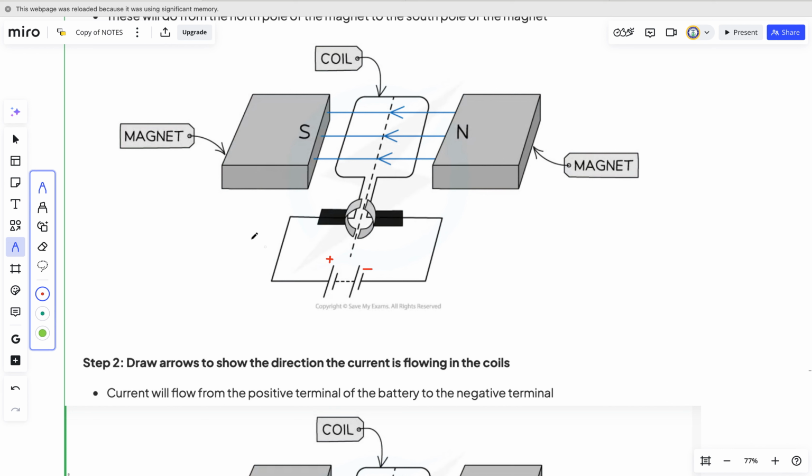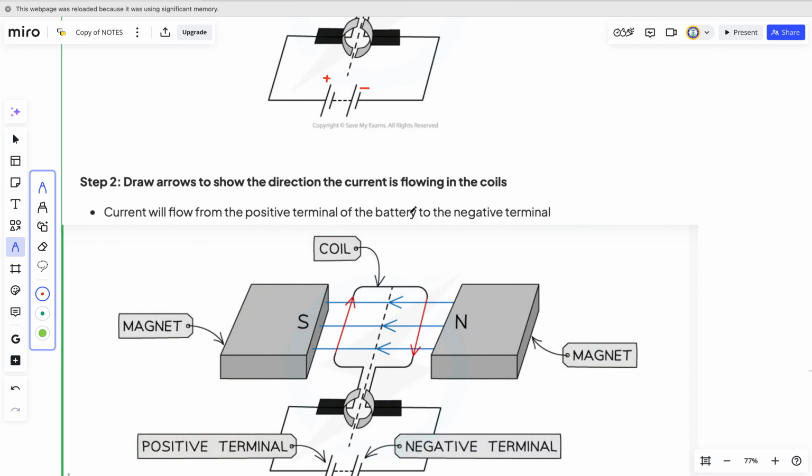So from this side the current starts to flow up, current will go up here, and here current will go down. This is how we begin. So we've established the magnetic field and the direction of the current.